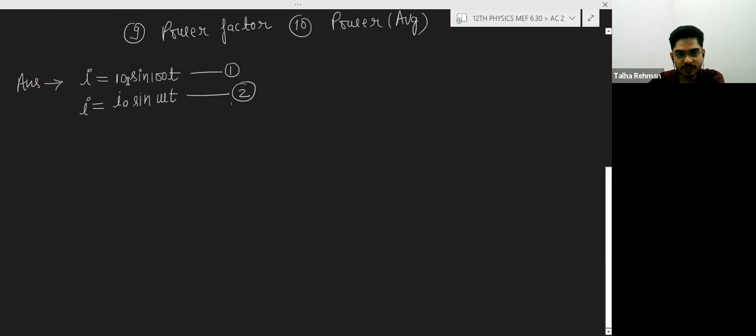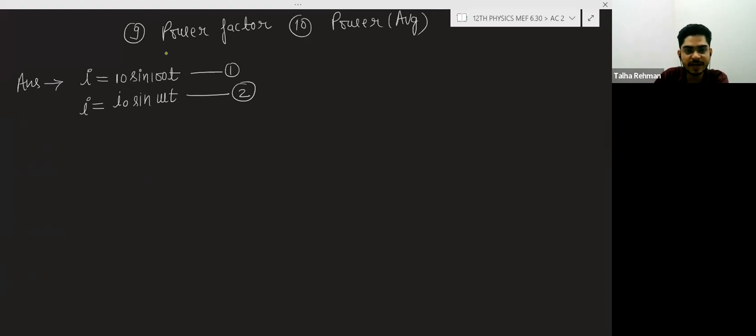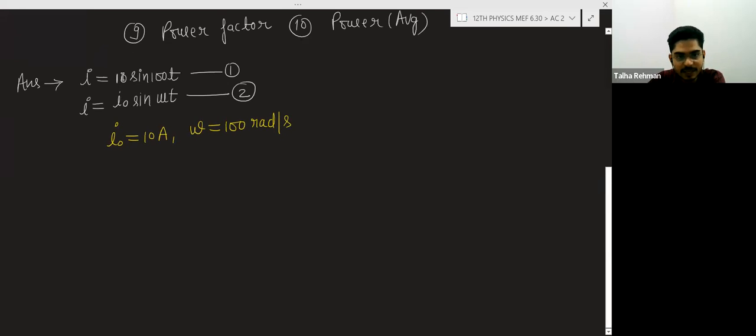Now compare equation number 1 and equation number 2. You will get the peak value of the current in the circuit as 10 ampere, and omega as 100 radian per second. So I naught is 10 and omega is 100 when you compare both the equations.